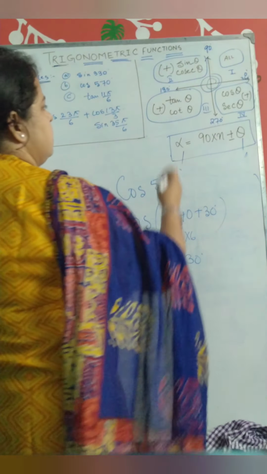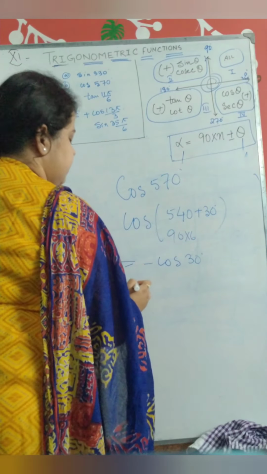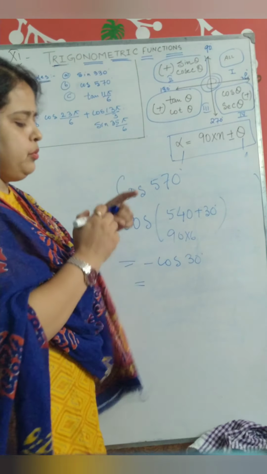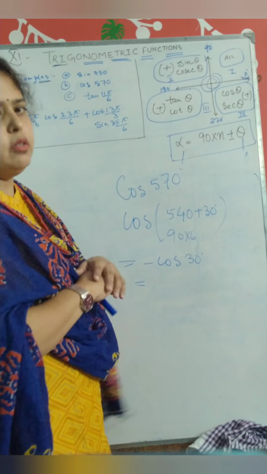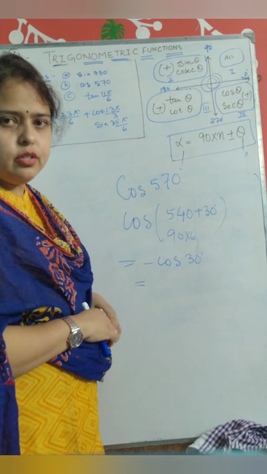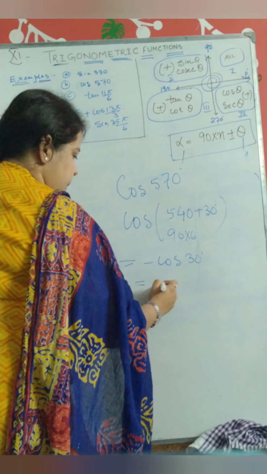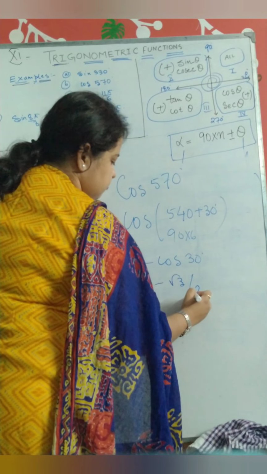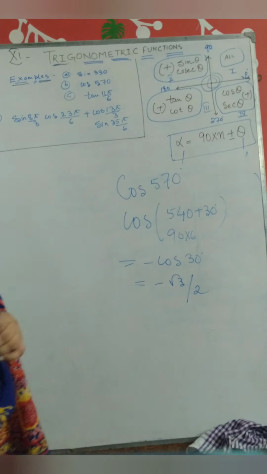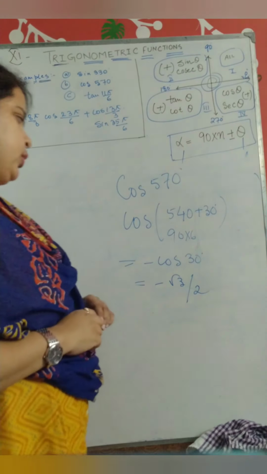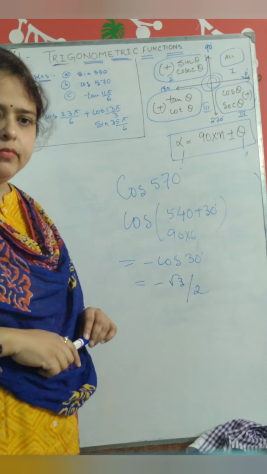So what about the third quadrant? Okay, this is again negative because the only two trigonometric ratios which are positive there are tan and cot. Correct, children? So it is minus root 3 by 2. Is it okay?